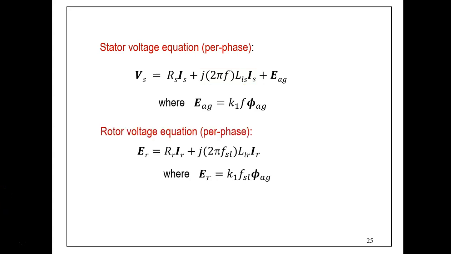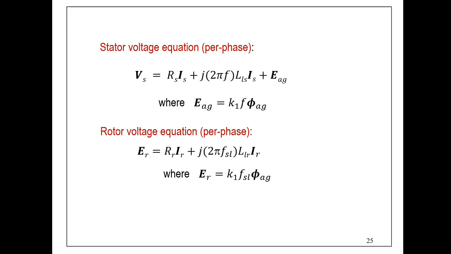Similarly, for the rotor voltage equations, we write down the balanced rotor voltage equations by equating the induced voltage on the rotor circuit, Er, equals to the voltage drop across the rotor resistance plus the voltage drop across the rotor leakage inductance.